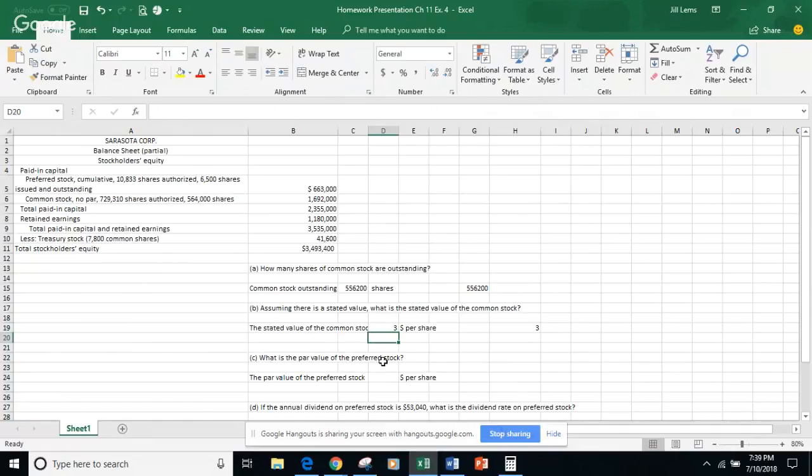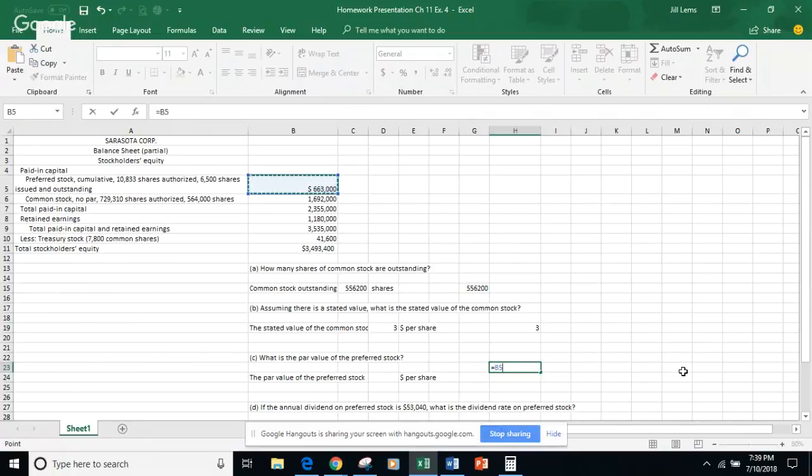The next one is, what is the par value of the preferred stock? How we're going to figure this out is we are going to take the amount of preferred stock, which is 663,000, and we are going to divide that by the outstanding shares of preferred stock, which is 6,500.